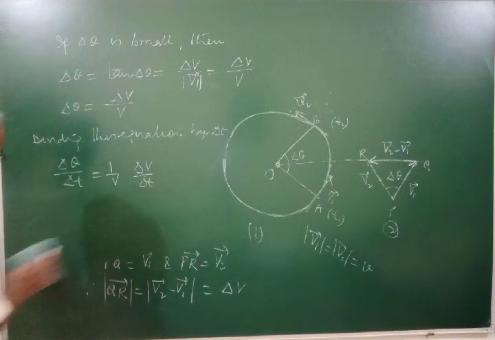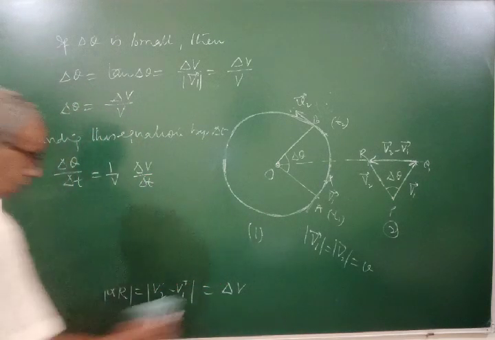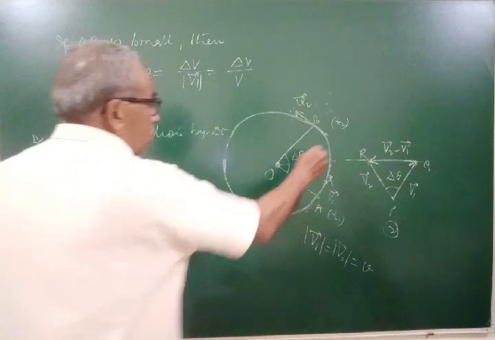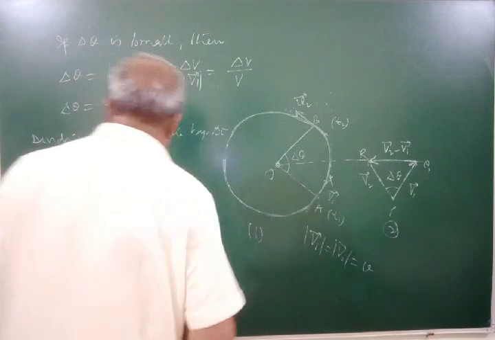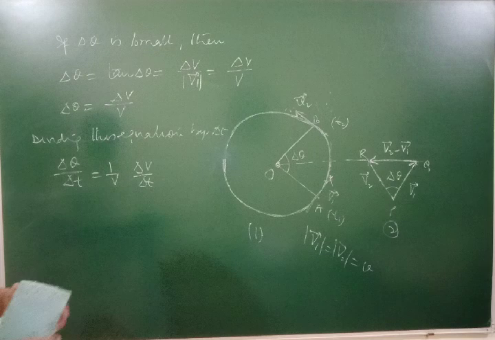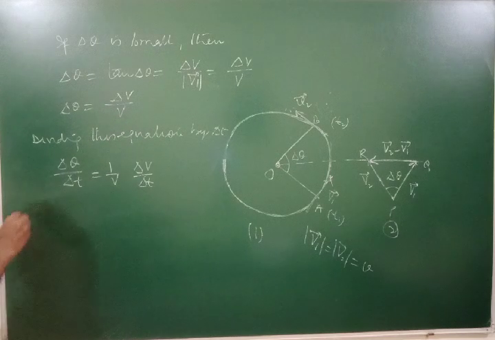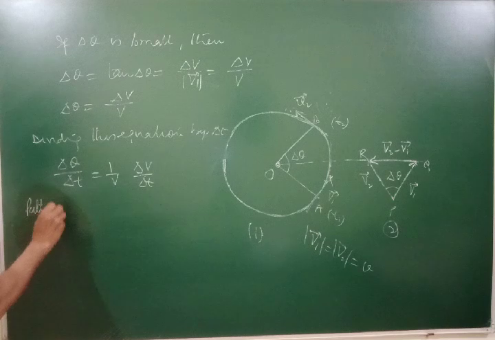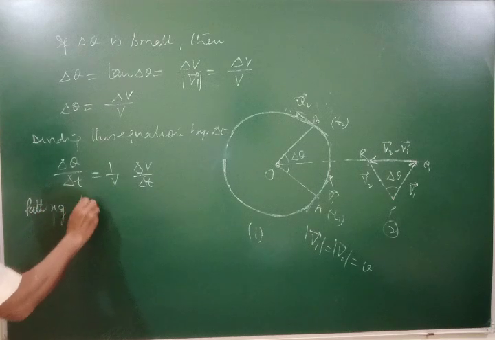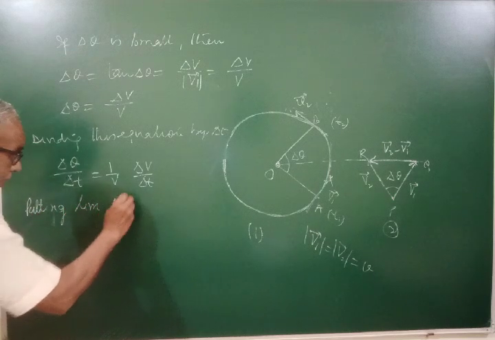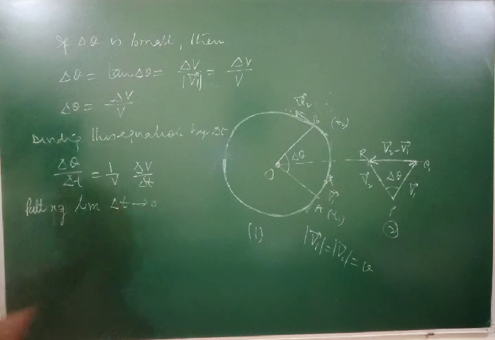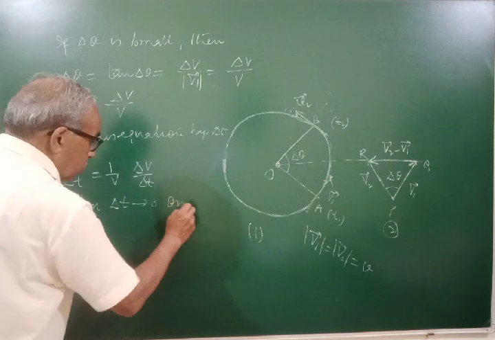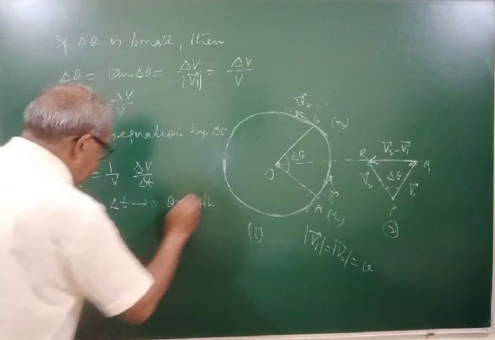But here the direction will be changing towards the center every time the body moves, so we take the instantaneous value, putting the limit delta t tending to 0 on both sides.